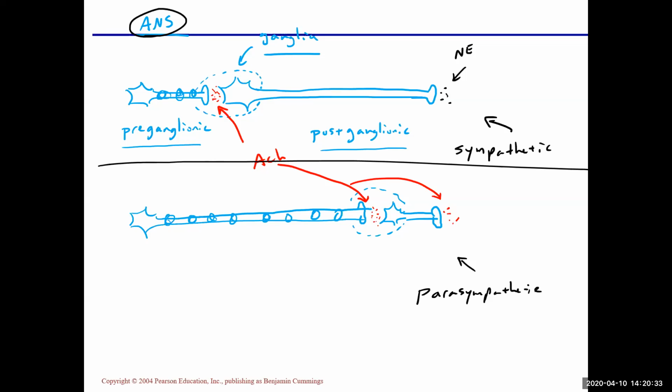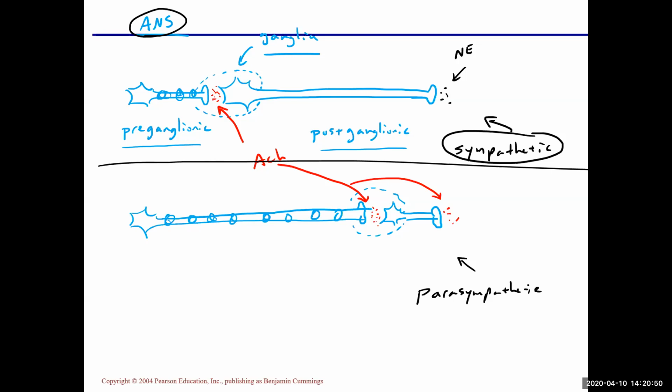So let's go ahead and take a look at the sympathetic system first. I'll give you an example, and again, don't memorize this example. I might give you different examples on your exam, or on your assignments.